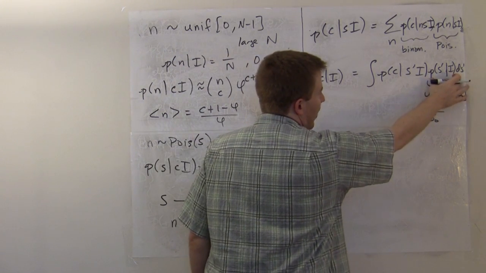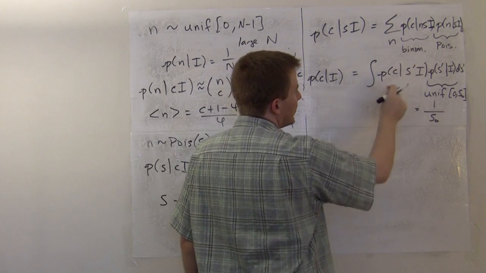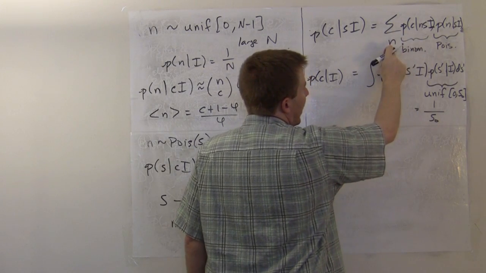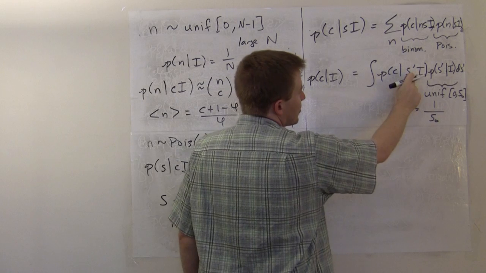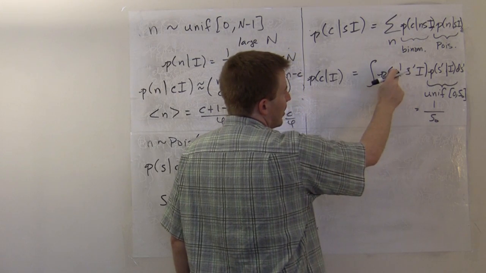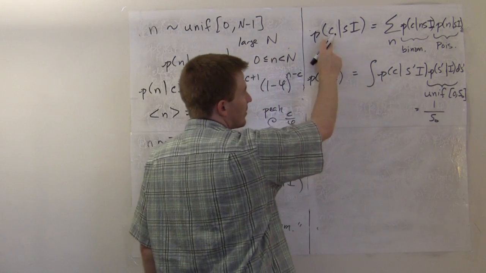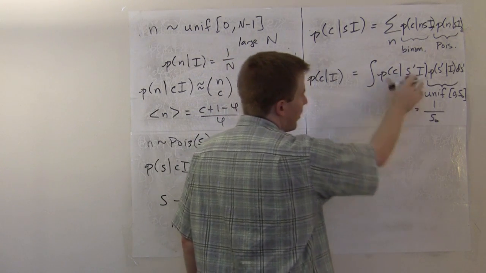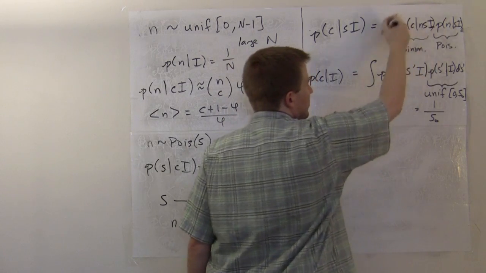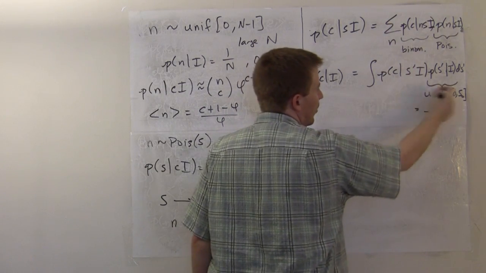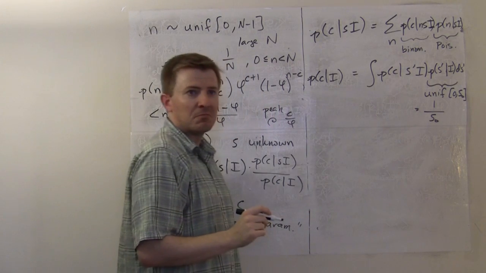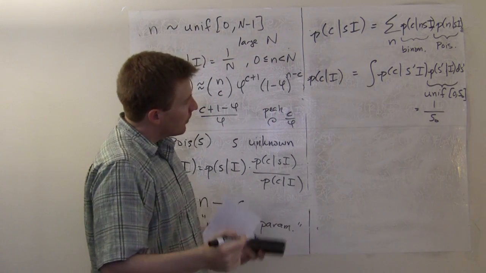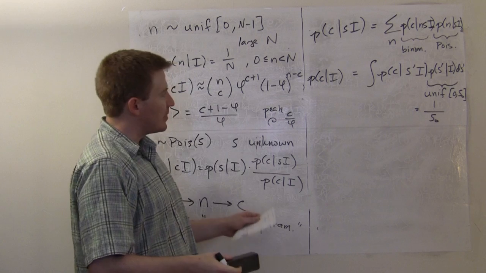For each one of those values, we can take this sum over n, conditional on that source strength, and find the conditional probability of getting the count c. Then we take each single term like this and integrate over this whole distribution of s.